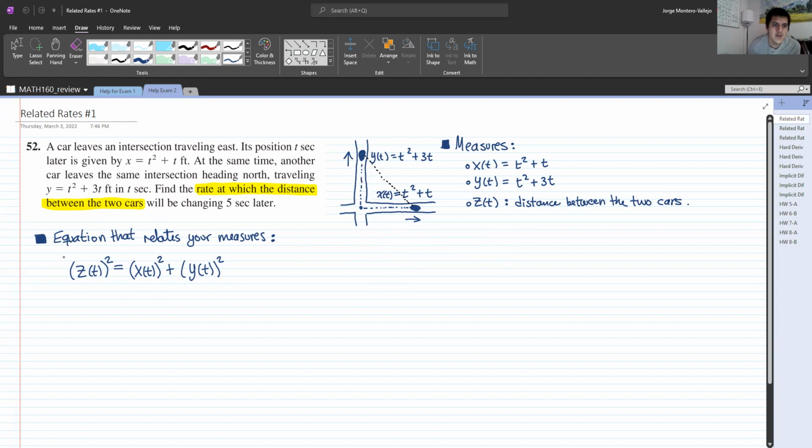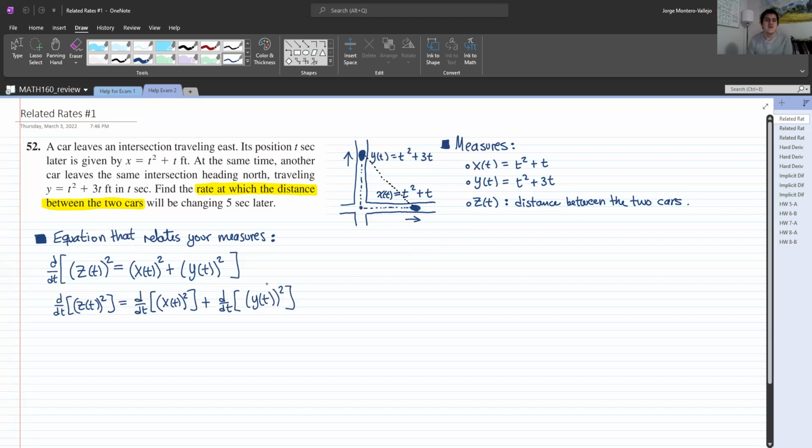Okay, so if I'm going to do d/dt of the entire thing, that is the same as doing it on both sides, right? Well, then I'm going to write down d/dt applied to every single term in the equation. So d/dt of z of t, then all of this squared, equals d/dt of x of t, and then that squared, and then plus d/dt of y of t squared.